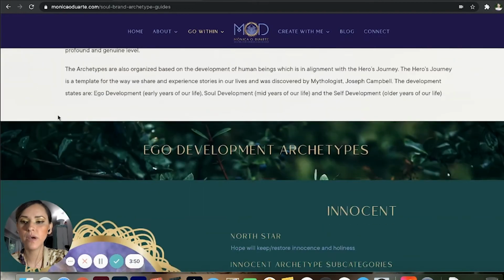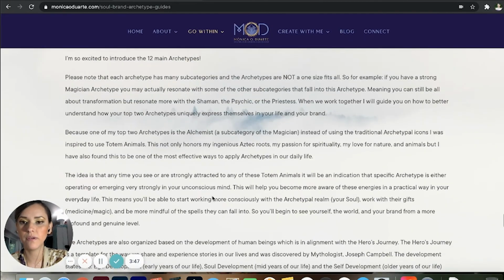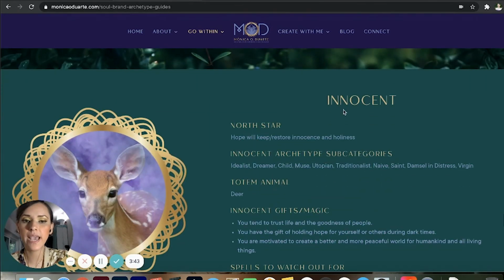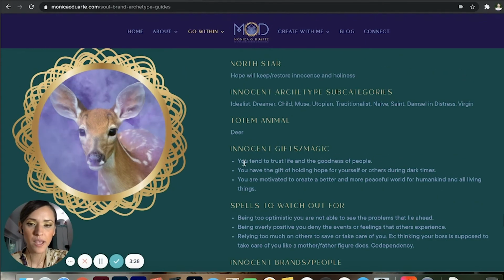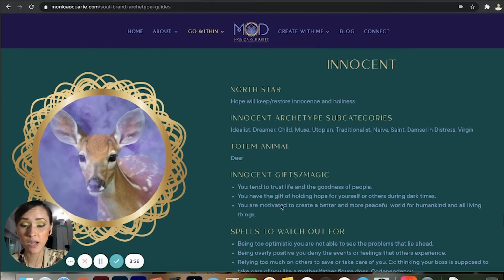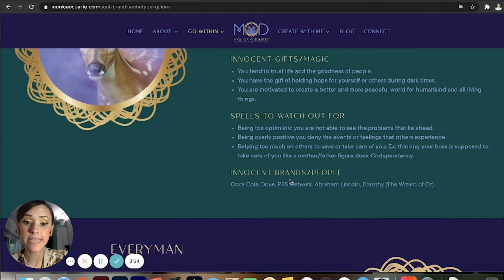So here, I talk a little bit about the whole idea of using totem animals and how to work with them. And here again, the first archetype is the innocent. So this is a super brief description of the archetype. It doesn't go into depth like the profile does.